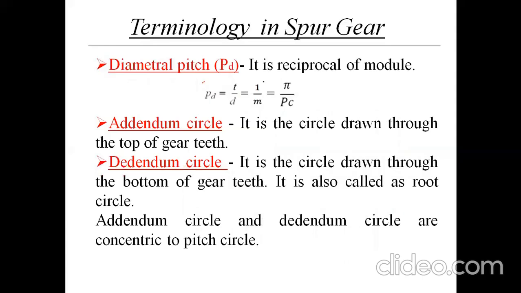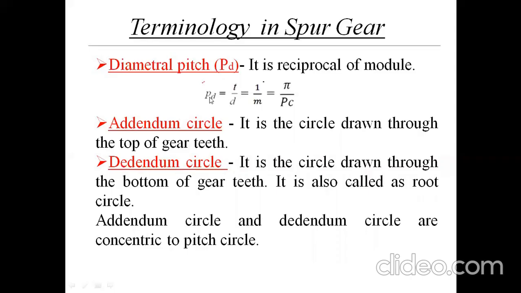Next is diametral pitch, and it is denoted by P suffix d. It is the reciprocal of module. This value is again required for the design part and for further analysis. So diametral pitch is nothing but the reciprocal of module, and module is the ratio of d by t.